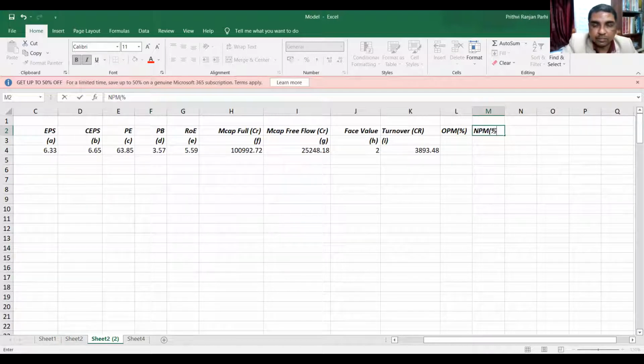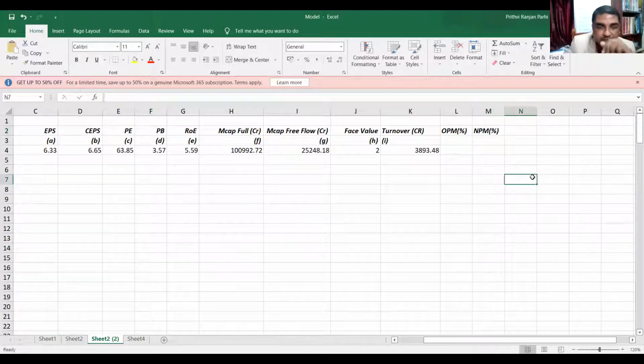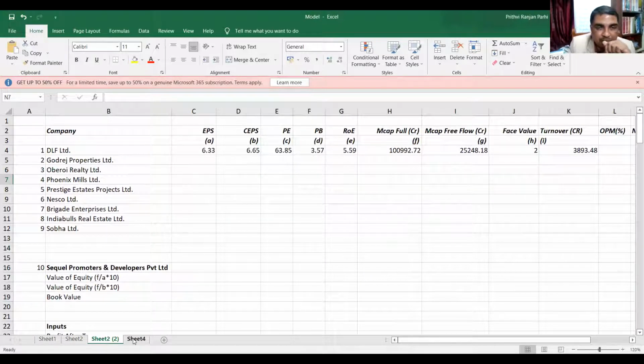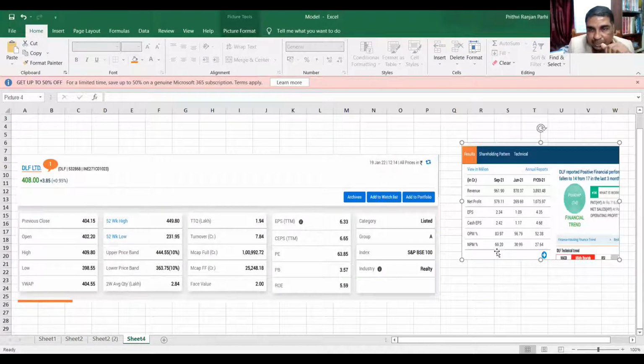So you are building a relative valuation model? Yes, that's why we are collecting the market data. Right. So you tell me what is OPM, what is NPM. We'll take the latest.